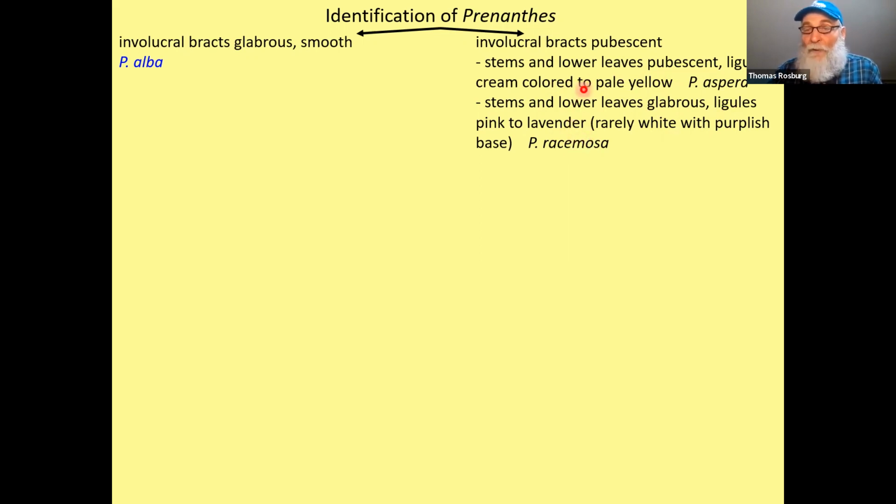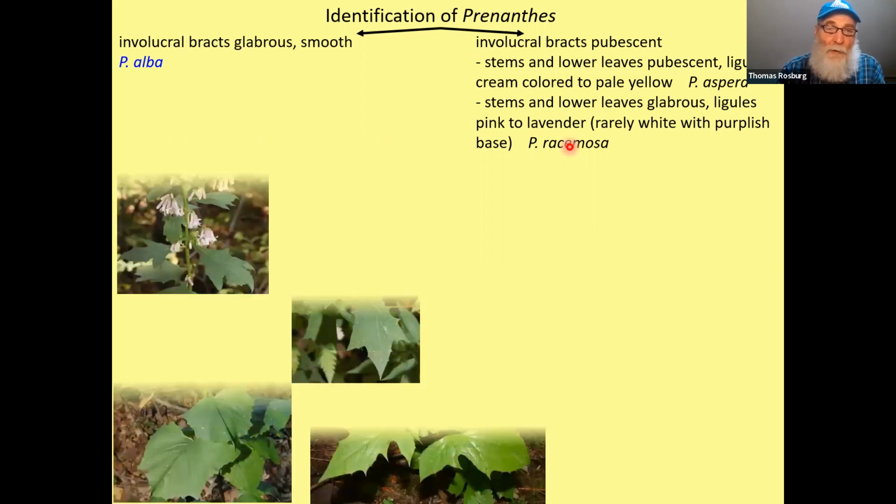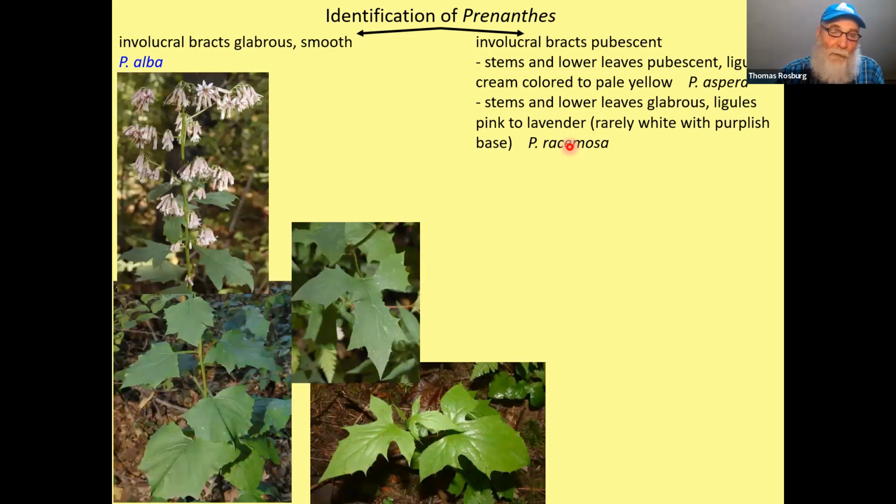Now, it's going to be very important that you look at the stem below the inflorescence here. Racemosa up in the inflorescence is hairy. You have to get down below the inflorescence where the leaves are in the lower part of the stem and look at that part. All right, so I'm going to show you some pictures of Prenanthes alba right here.